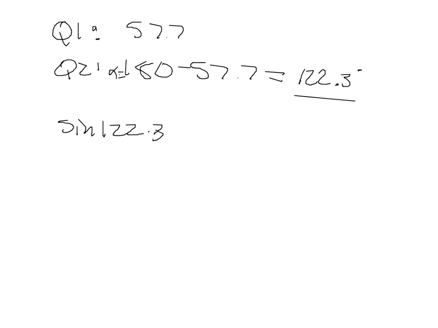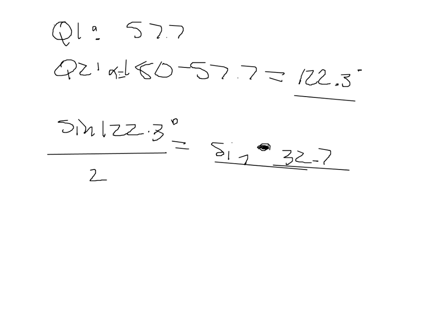Okay, so I get sine of 122.3, which is alpha, over A is equal to sine of, I haven't figured out the other one yet, over, oh no, wait, not over 1.